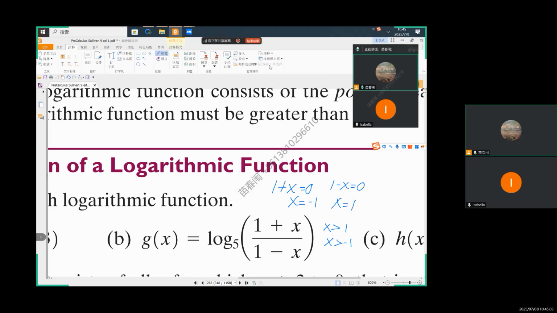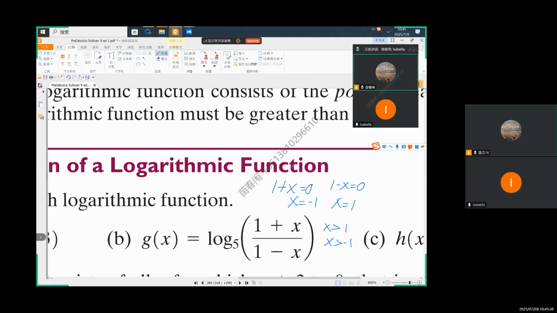Oh, then it's -1 to 1, right? x greater than -1, less than 1, is it? So that's the domain, right? Okay, I think I kind of understand. Why is x less than 1 though?